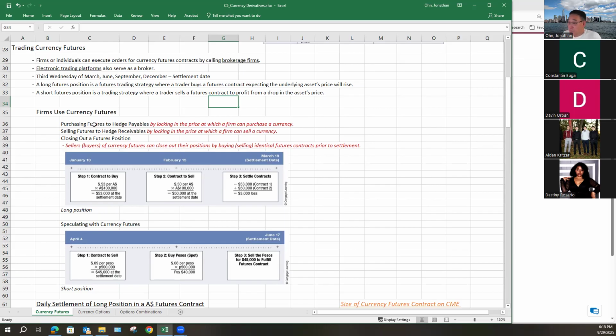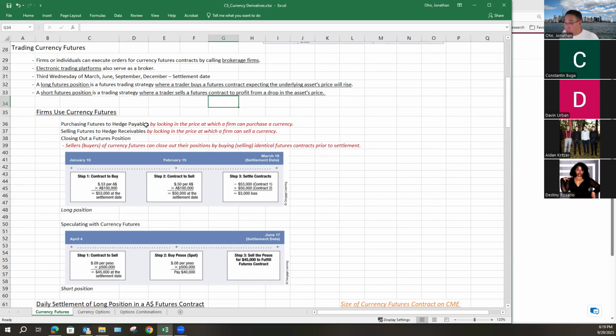So, purchasing futures to hedge payables. You buy a futures contract to hedge payables. That means you have a payment obligation in the future.